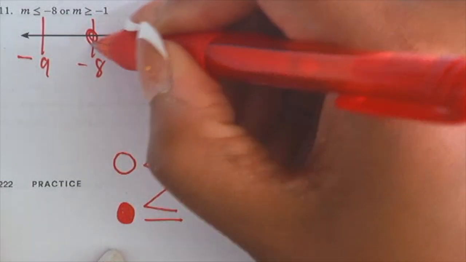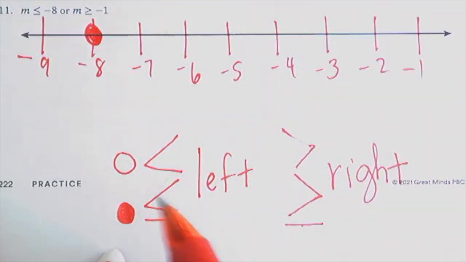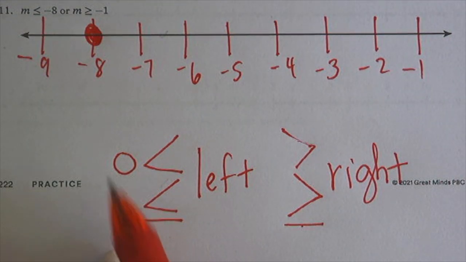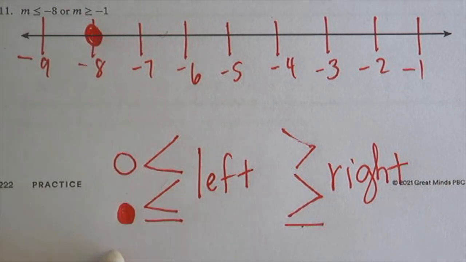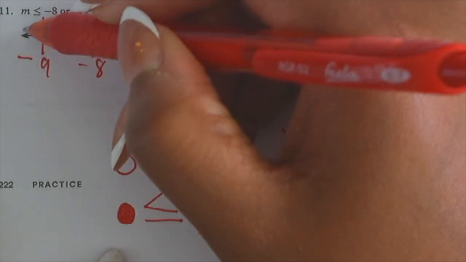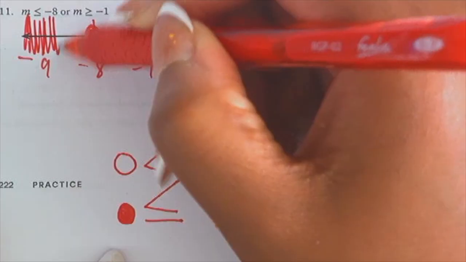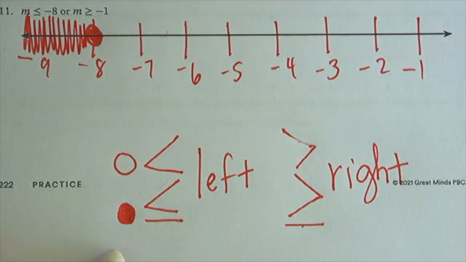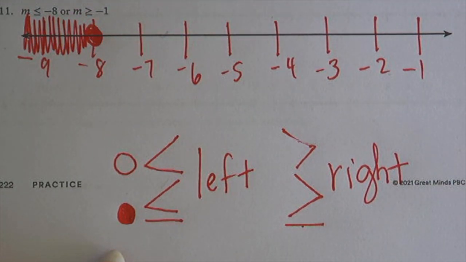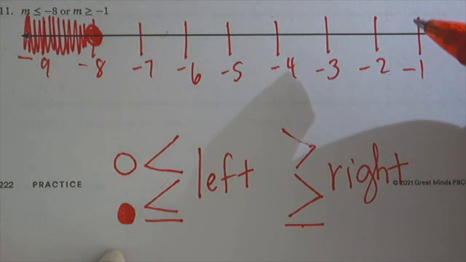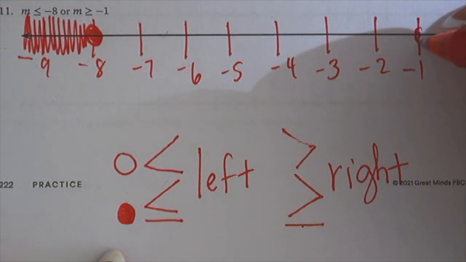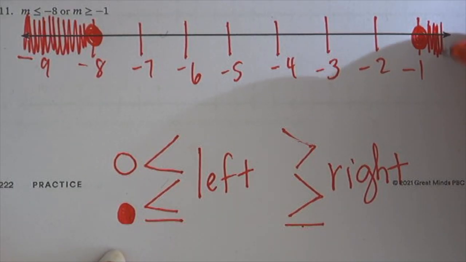So that's going to be a closed point. Less than or equal to is a closed point. So I'll put a closed point on -8. We shade to the left because it is less than. And for m greater than or equal to -1, it is also a closed point. And I'm going to shade to the right because it is greater than.